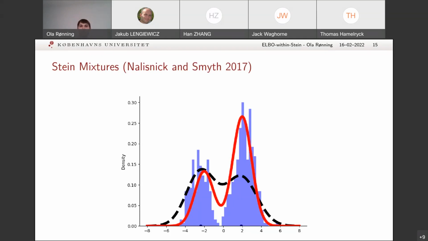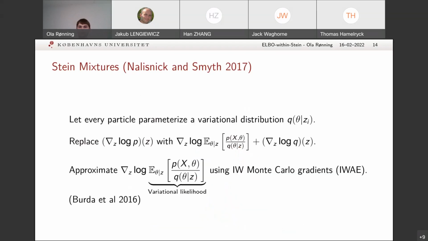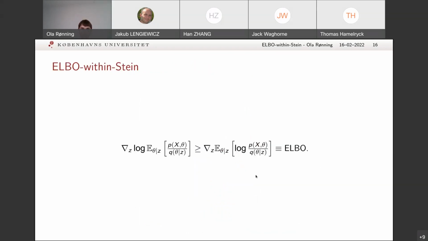Okay, but the key thing is that we've reduced the number of particles we need to represent our target distribution, and we've done so given an approximation of this variational likelihood.